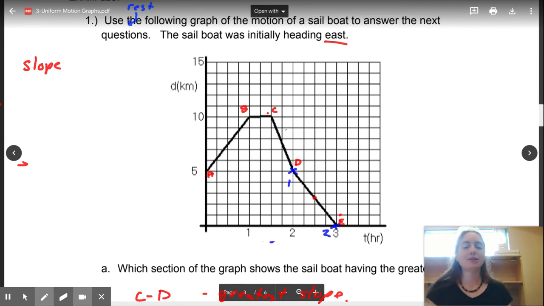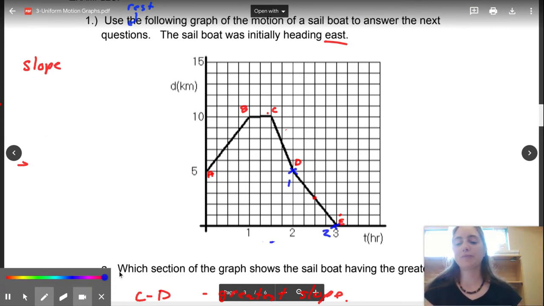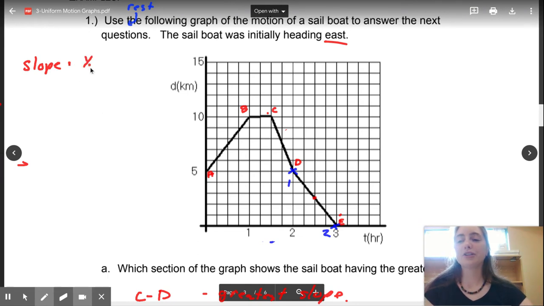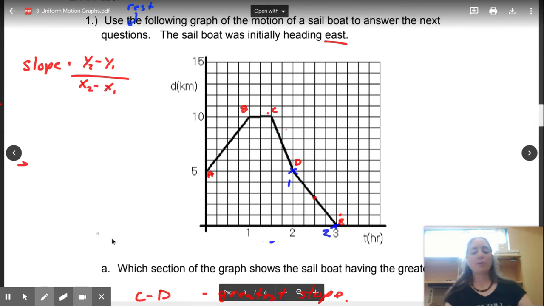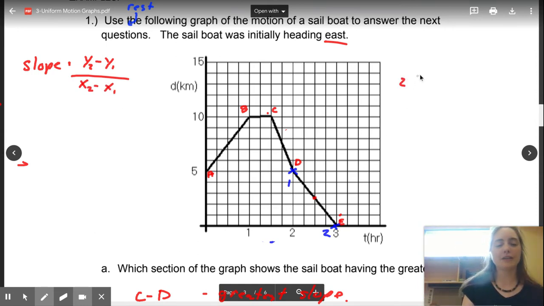So when I'm going to write my slope equation, which is y2 minus y1 over x2 minus x1, well, my point number 2 that I have selected, so we'll say P2, has y is 0, and x is 3.